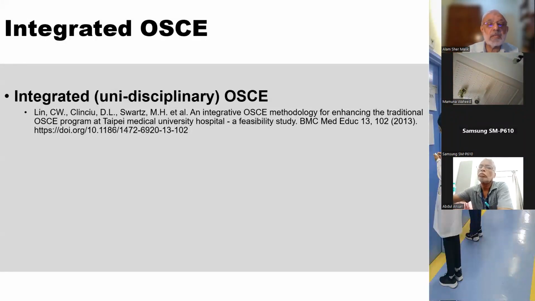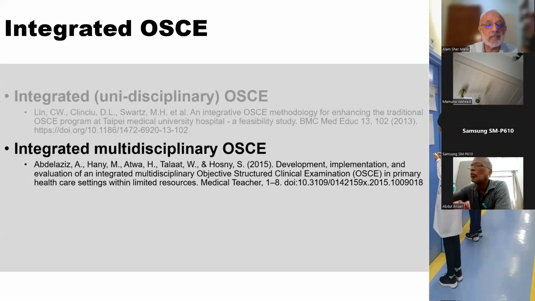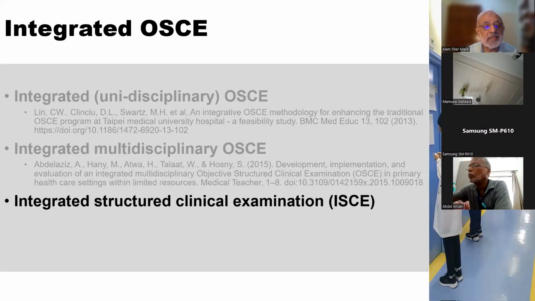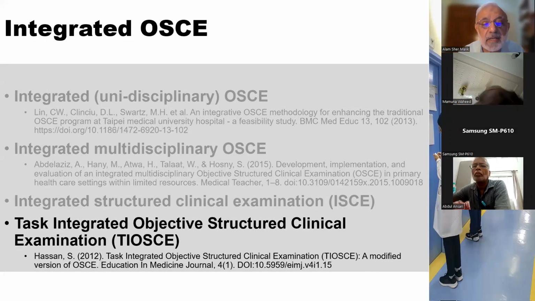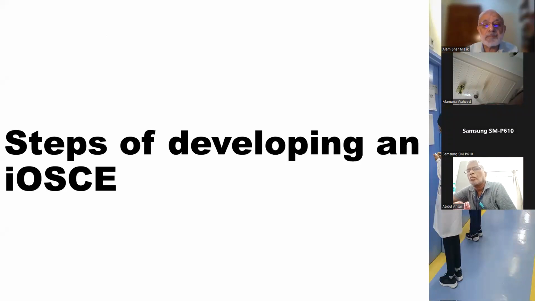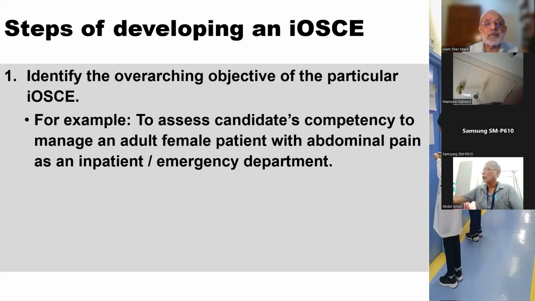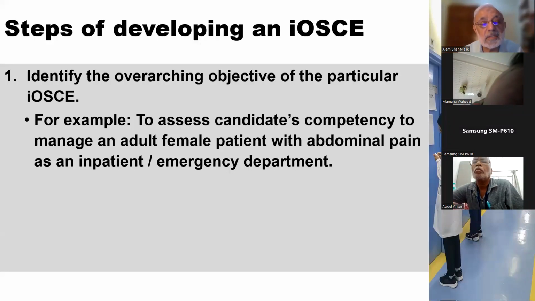So integrated OSCE may be unidisciplinary, or it may be multidisciplinary. We have already mentioned that integrated structured clinical examination and task integrated objective structured clinical examinations are other names for integrated OSCE. The steps of developing an integrated OSCE: the first step is to identify the overarching objective of a particular integrated OSCE, because one integrated OSCE means 4 or 5 stations.